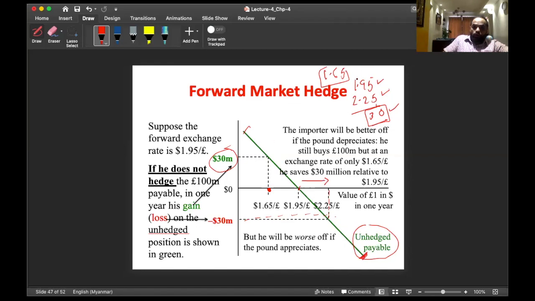If the price goes down at the time of payment, you will make a profit, which is the difference between this and this. If the price goes up, you're going to make a loss, which is 30 million. So this is the spot market, unhedged payable, not involved in any kind of hedging.